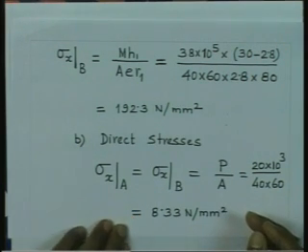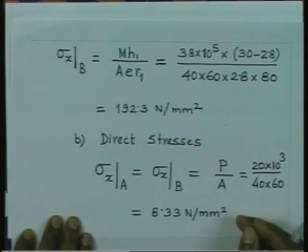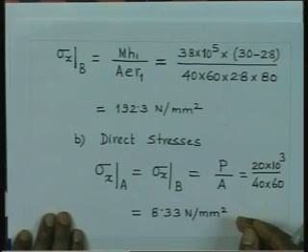So note that the stress at A due to bending moment is compressive, at B it is tensile, and due to the direct force P it is tensile everywhere. So now we can get the total stresses.